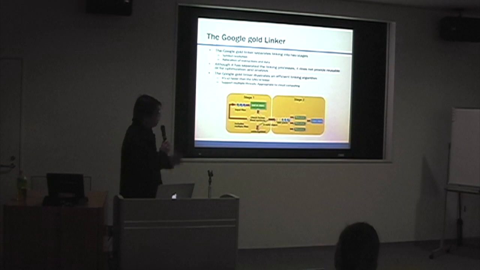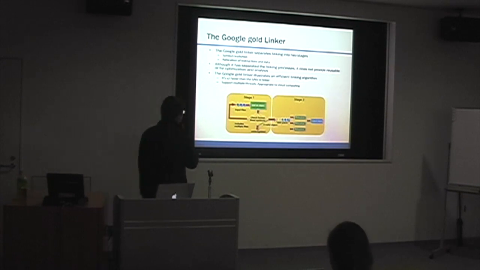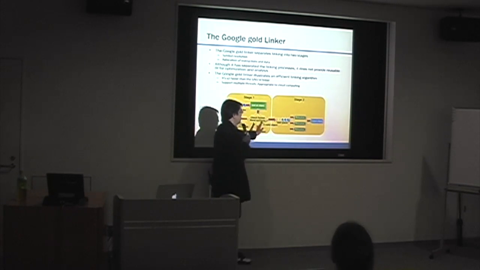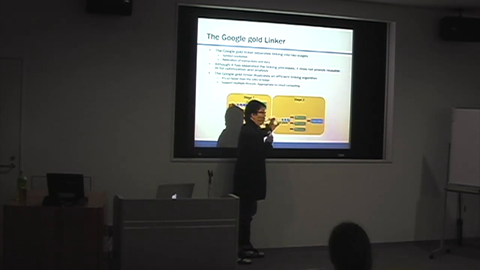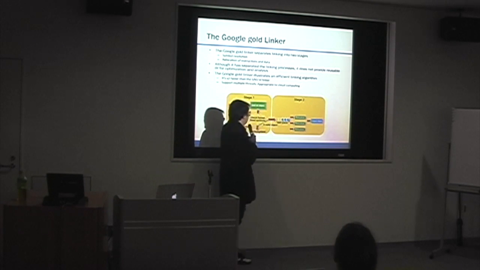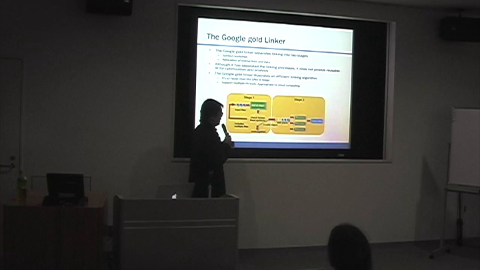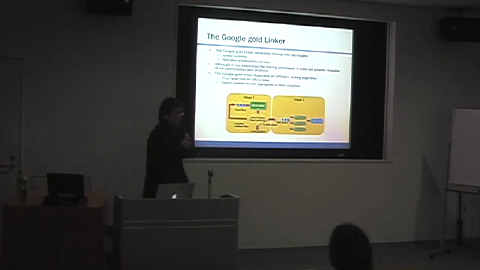Okay. Google Gold is interesting. It tries to separate the interpreter into two passes. The first pass is still an interpreter, but the second pass has a task queue. Stage one tries to analyze the dependencies of the options and tasks, and in stage two, all these tasks run in parallel.